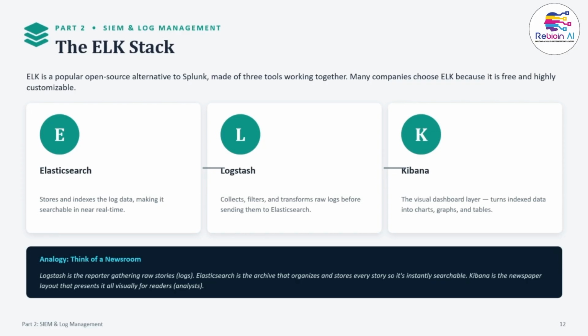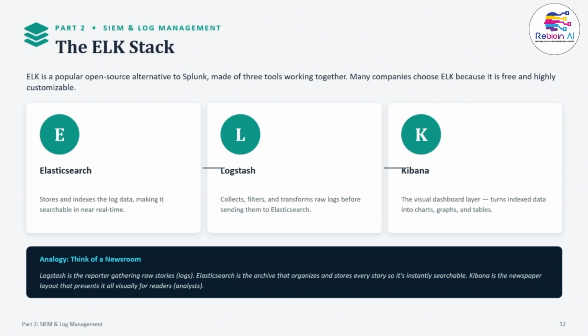Let's understand this with an example. Think of a newsroom. Logstash is the reporter out in the field gathering raw stories, that is our logs. Elasticsearch is the newspaper's archive department, organizing and storing every story so it's instantly searchable later.